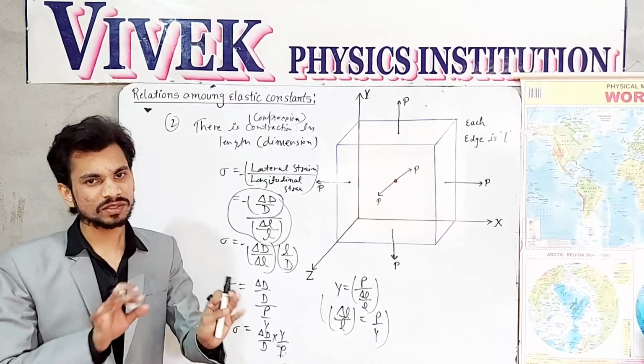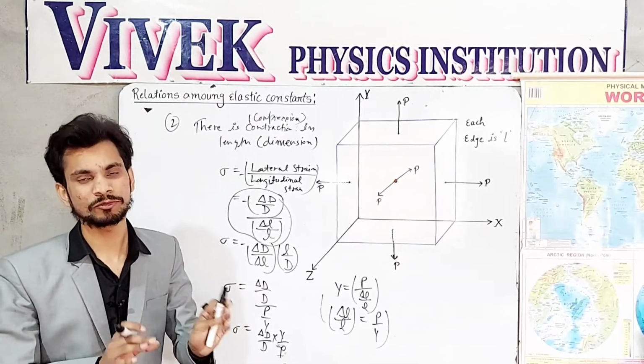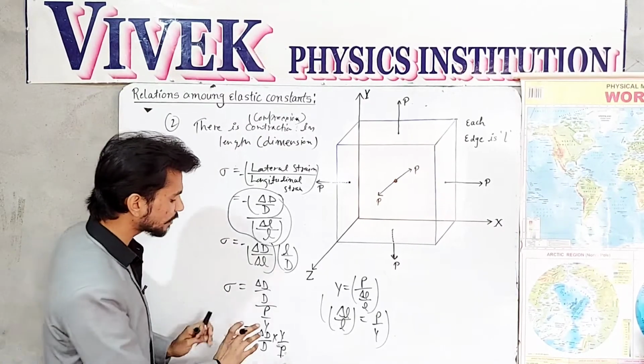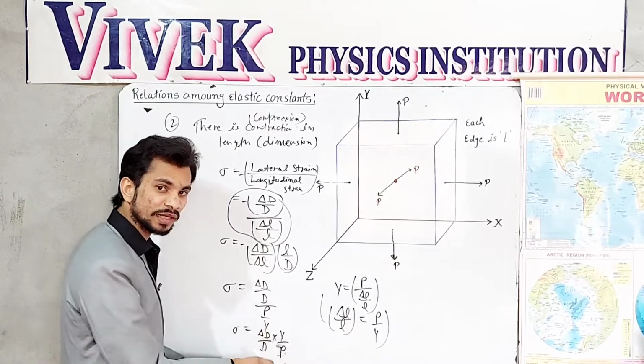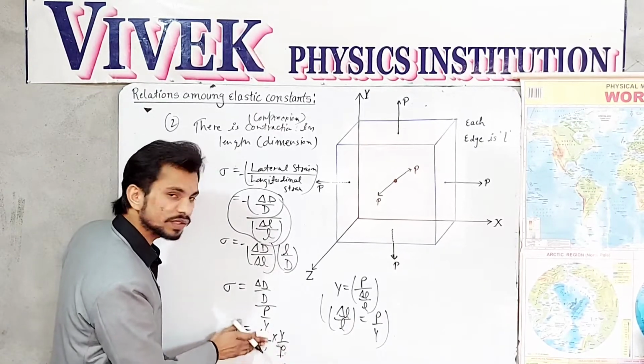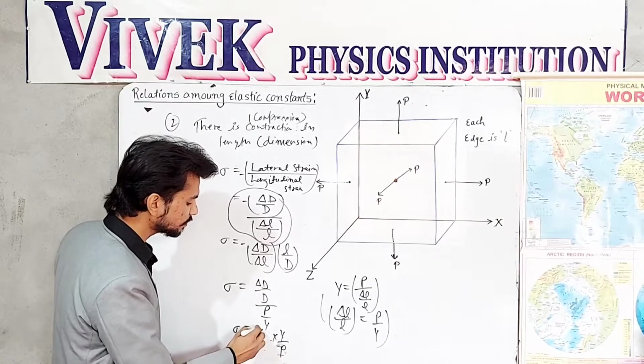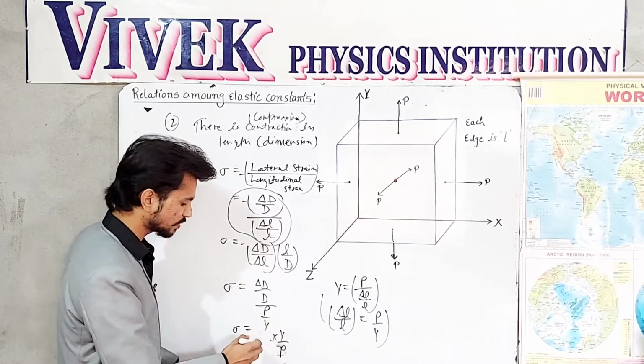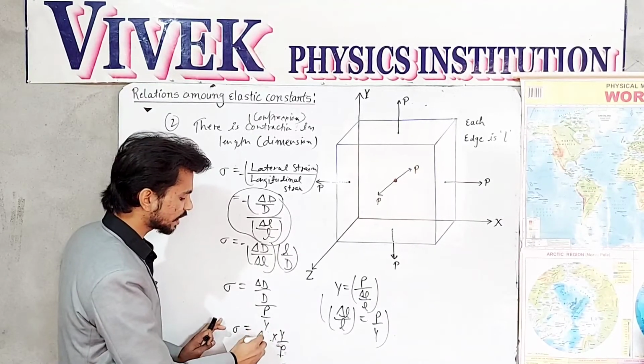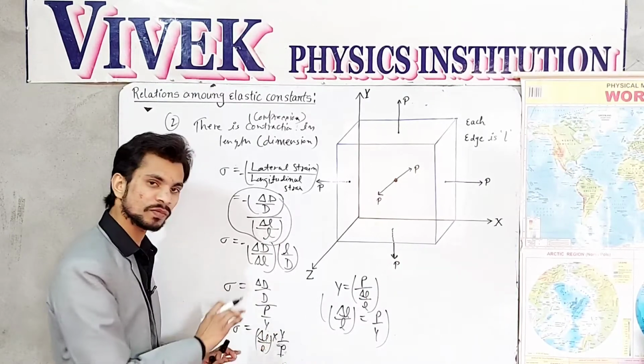So here I will take delta D over D as also delta L over L for this cube.